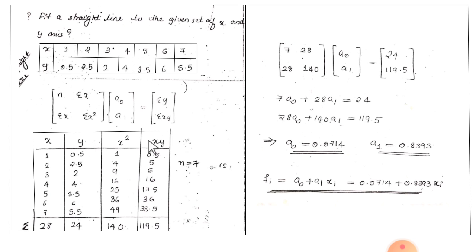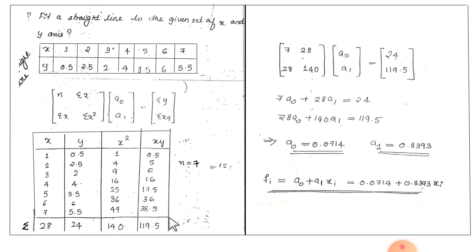Then you have to find sigma xy, that is multiplying x and y and then adding all the values. So 1 into 0.5, then 2 into 2.5 equal to 5, 3 into 2 is equal to 6, 4 into 4 equal to 16, 5 into 3.5 equal to 17.5, 6 into 6 is equal to 36, 7 into 5.5 equal to 38.5.